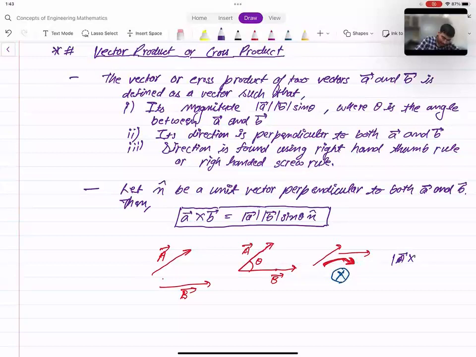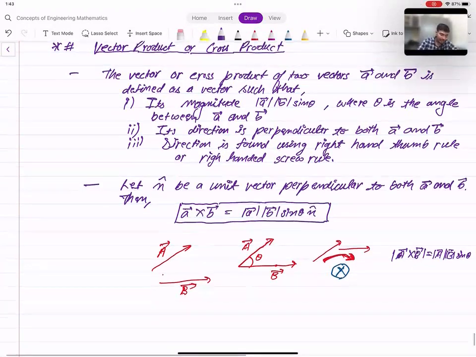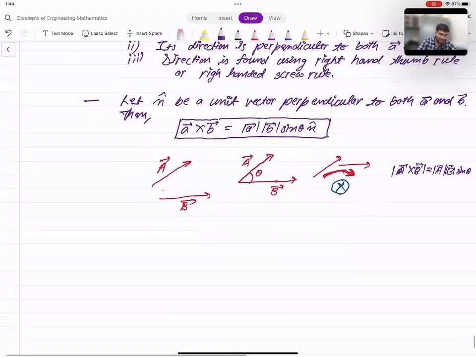Vector A cross vector B will be nothing but magnitude of vector A, magnitude of vector B into sine theta. And the direction we have seen, how we can find it. This only makes it clear that this cross product is anti-commutative, meaning it is not commutative. Let us see how that happens.